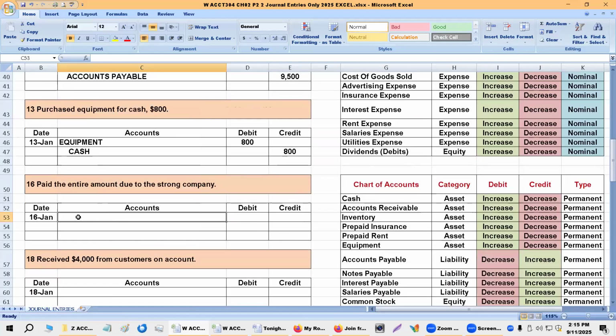Any idea what we should do with that one? Accounts payable debited 5,500 and then cash credited 5,500. Yeah. And they're both going down. We no longer owe them. I'll put this one in. They're both being reduced by 5,500.